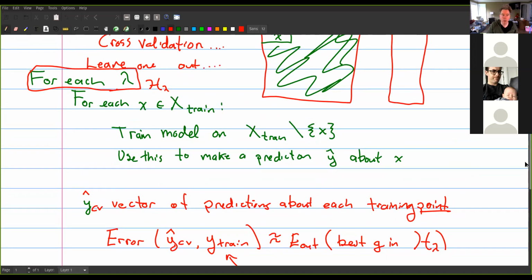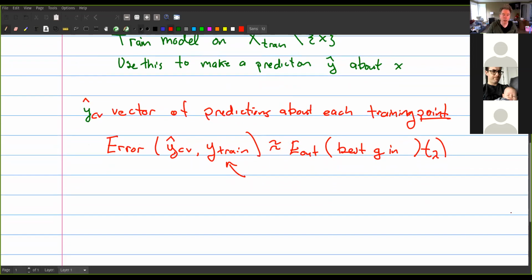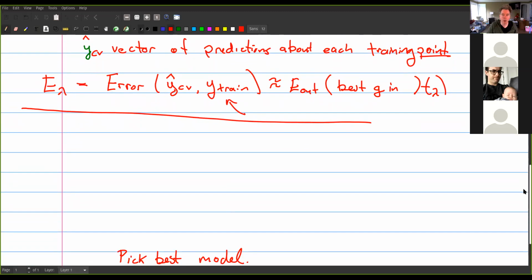Okay, so we do this for every lambda. We record this value, and let's call this E lambda or something. And then after you've done all that, you want to pick a model.